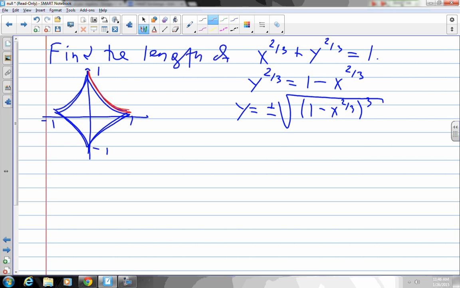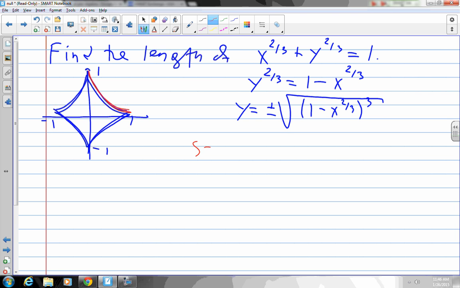Okay? So we'll set up an integral from 0 to 1. We'll have to take a derivative of that, and then square that derivative, and then add 1 to it, and then hopefully it comes out to be a perfect square, so you can take a square root of it again, right? Because the formula is messy.